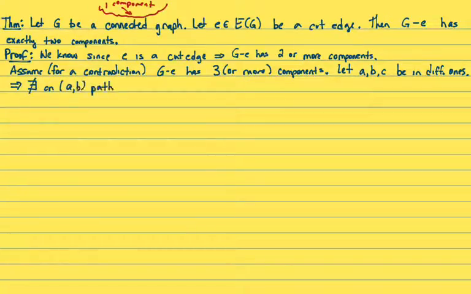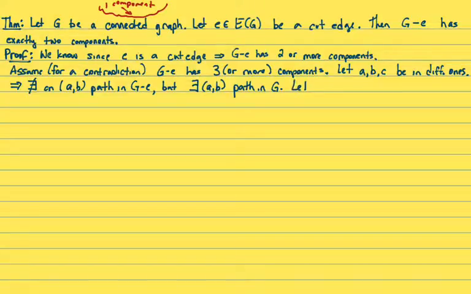So we know there does not exist a path from A to B in G minus E, but there is an AB path in G. Of course, that's going to be true for AC and for BC as well. So what I want to show is that I can actually find these paths and thus get a contradiction.